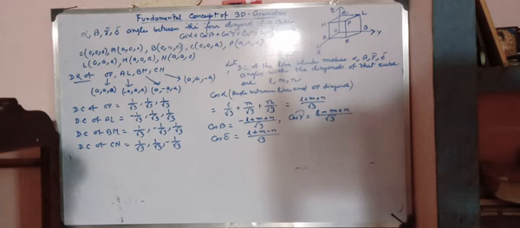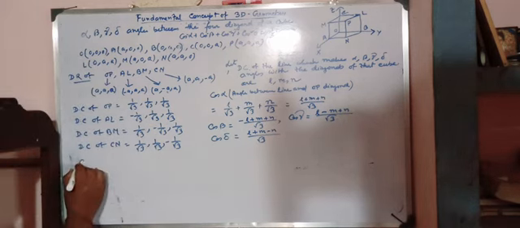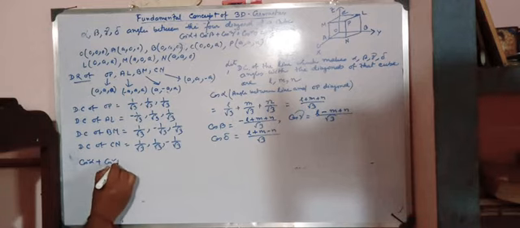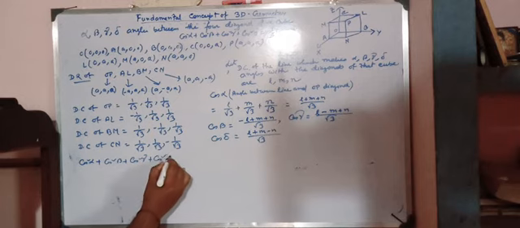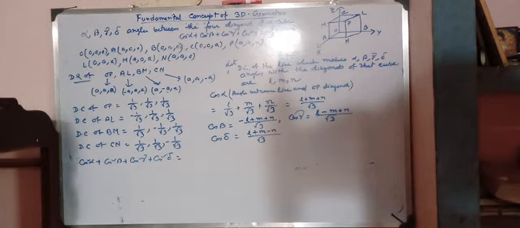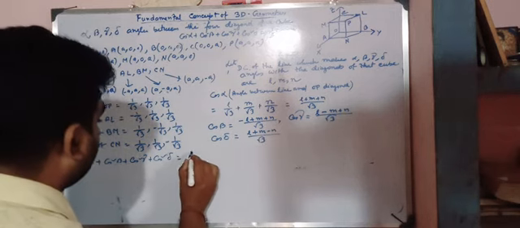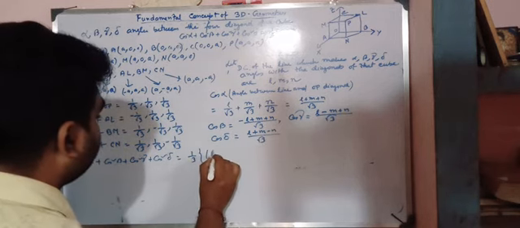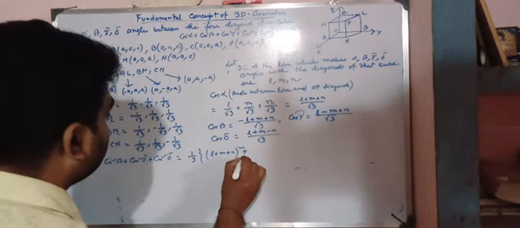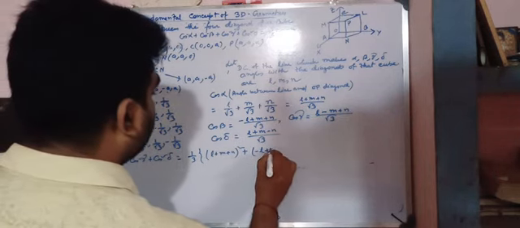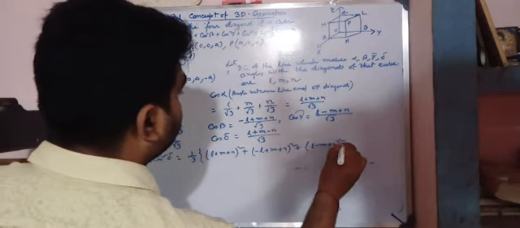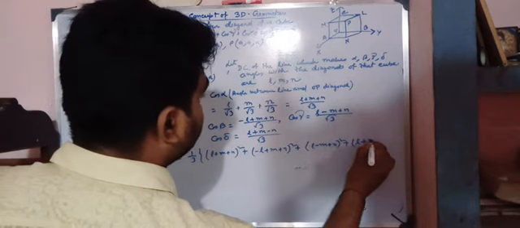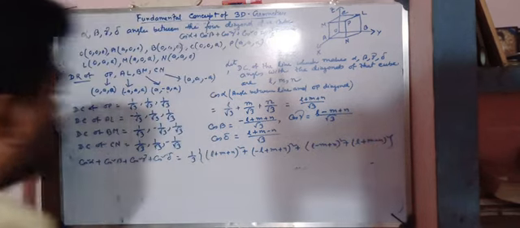Now next is our calculation: cos square alpha plus cos square beta plus cos square gamma plus cos square delta. That's equal to, since the square is done, 1 by 3 times (L plus M plus N) square plus (minus L plus M plus N) square plus (L minus M plus N) square plus (L plus M minus N) square. Understood?